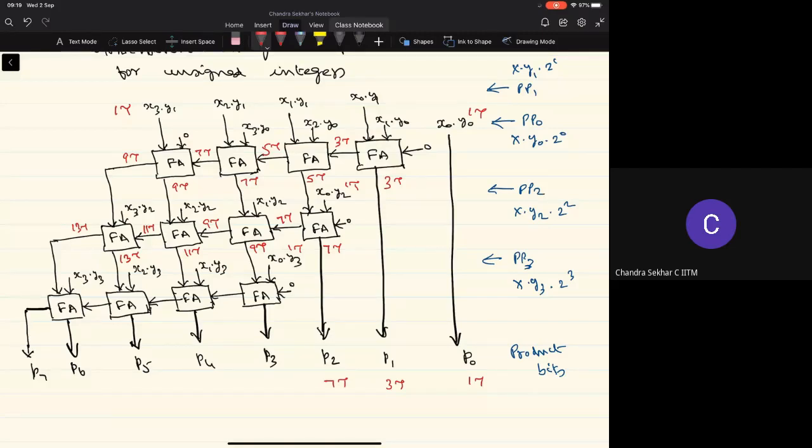Okay, so now you can complete the process, right? For the first full adder in the last row here, the inputs are available at 9 tau, right? So this will be available at 11 tau. This will be available at 13 tau.